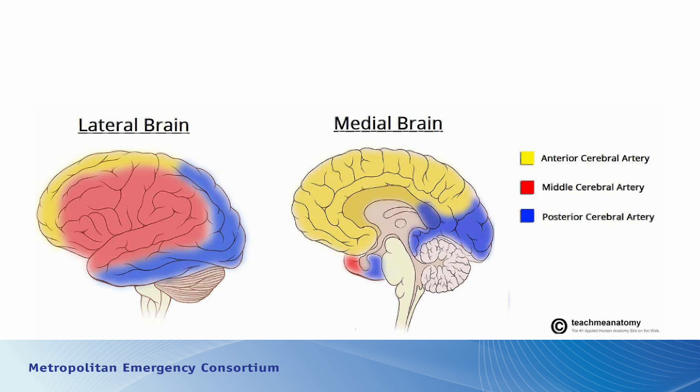The red part is the middle cerebral, and it has a lot to do with the motor and sensory function of our body. The left side of the brain provides right-sided motor and sensory perception and tells the right side of the body to move, and vice versa. So if something happens in the left brain, it affects the right side of the body. If something happens in the right brain, it affects the left side of the body.